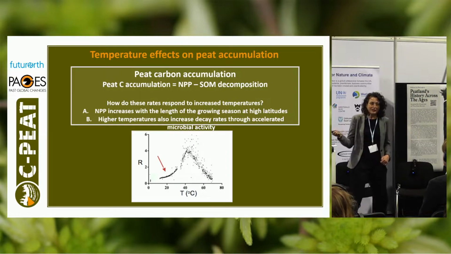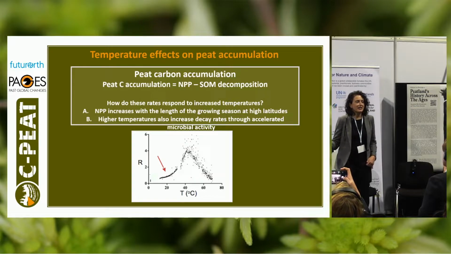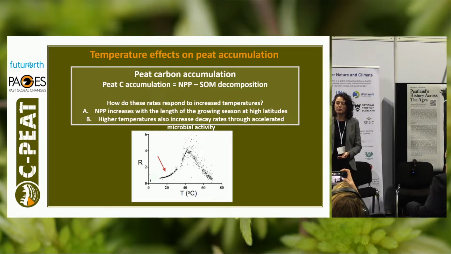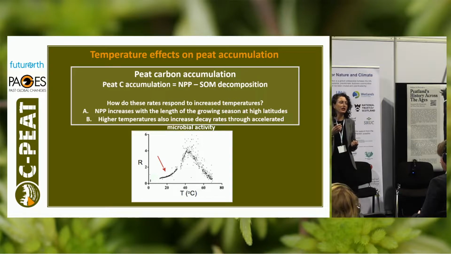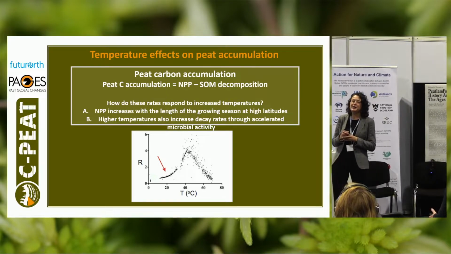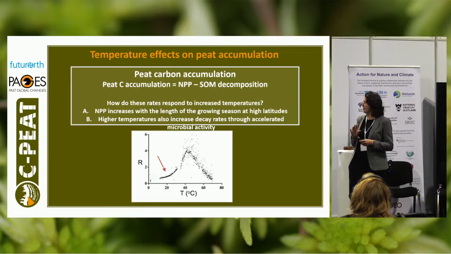So I'm going to delve a little bit more into this idea of warming and how that affects the vertical accumulation of peat. I know it's very late in the day, but I'm going to ask you to think, but it's a very simple equation.